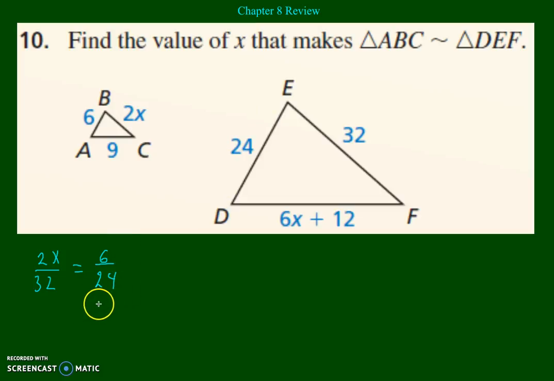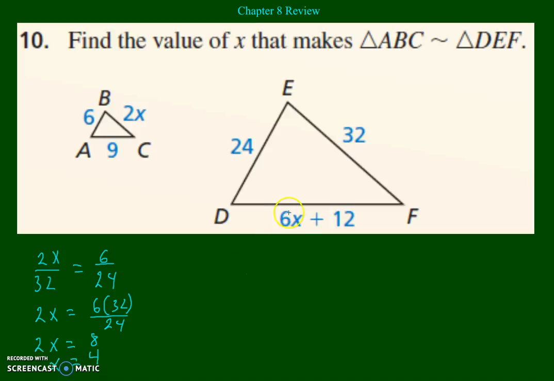Now it's a relatively simple process. 2x equals 6 times 32 divided by 24, and that gives us 2x equals 8. Therefore x equals 4.